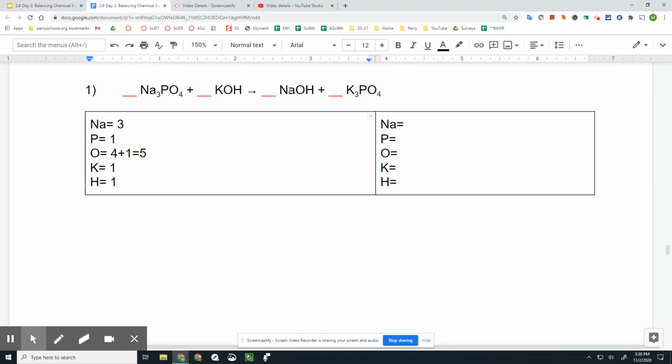All right, on the right side of the chemical formula, we have 1 sodium, 1 oxygen, but we have 4 more oxygen here. So 1 plus 4 equals 5.